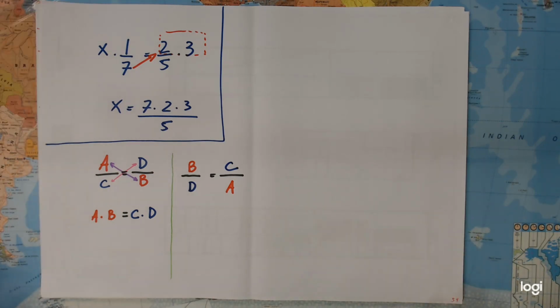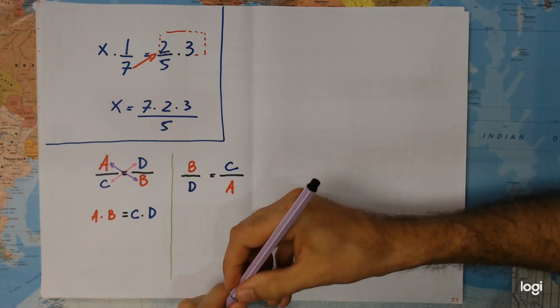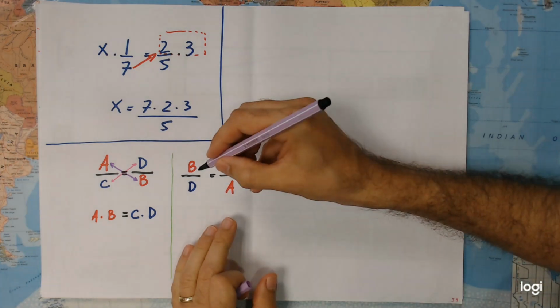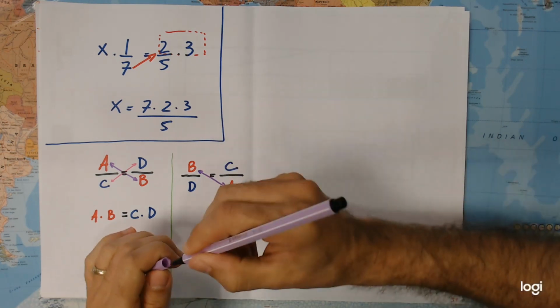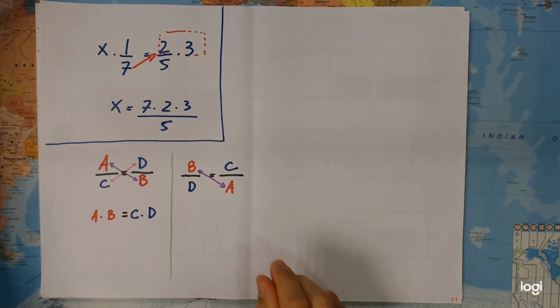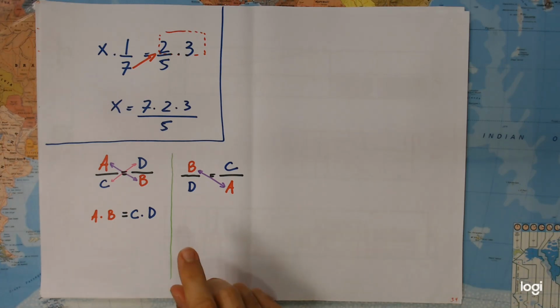Let's just suppose that we have this. Let's perform exactly the same thing. I'm even going to use the same colors. Let's do cross multiplication.